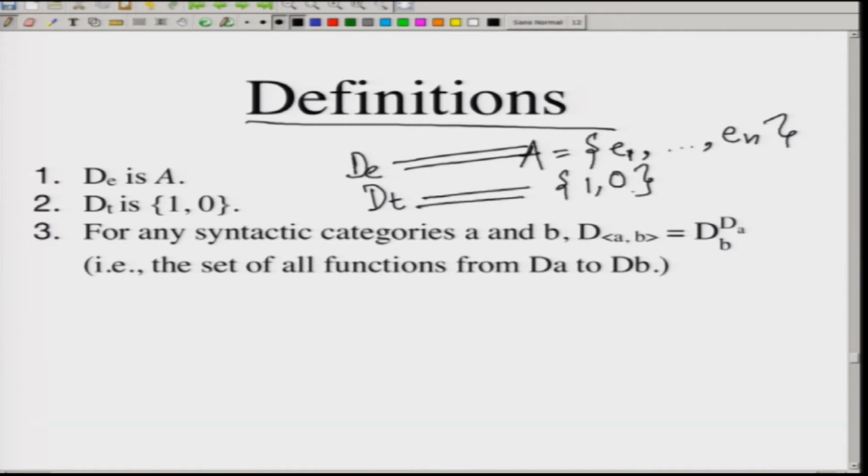Now, what is the device that will help us construct any type? For any syntactic categories A and B, any syntactic category <A,B> can be constructed. Now see, if we remember the definition of a formal system, we can say that here.